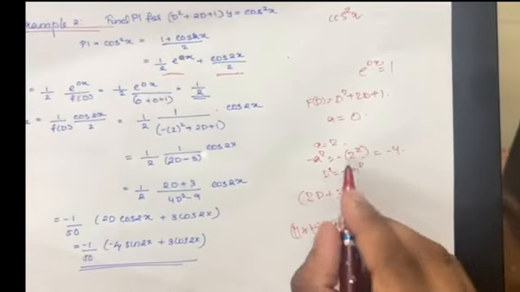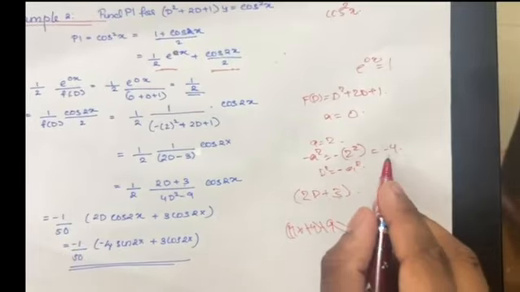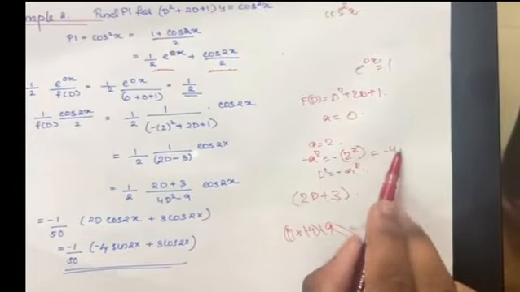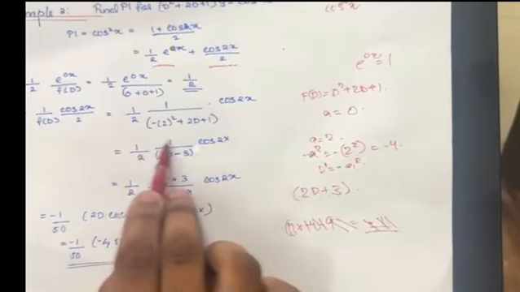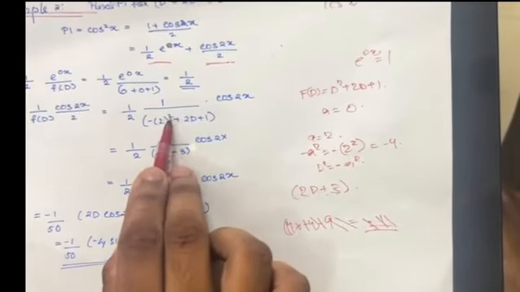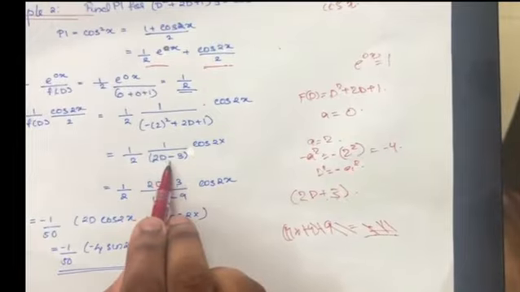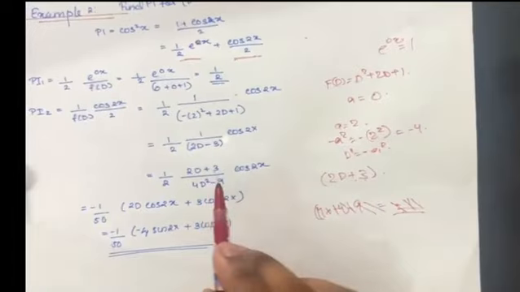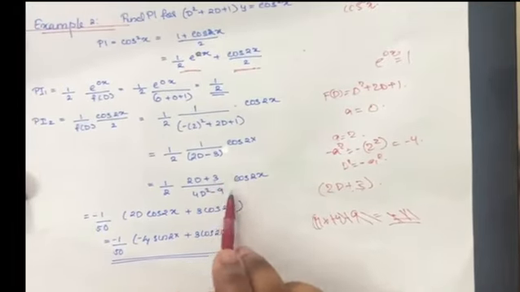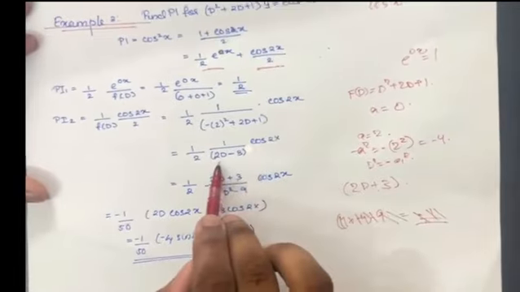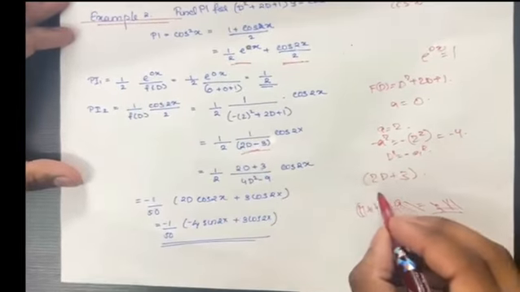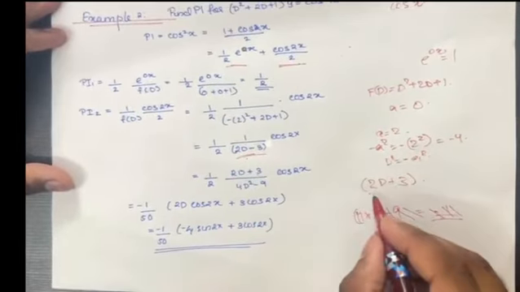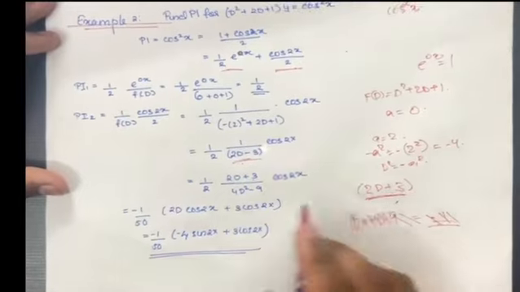Here minus a square is equal to minus 2 square, which is equal to minus 4. Now substituting minus 4 in this f of D, we get minus 4 plus 2D plus 1, that is 2D minus 3. Then we have to multiply both the numerator and denominator with the conjugate of 2D minus 3, that is 2D plus 3.